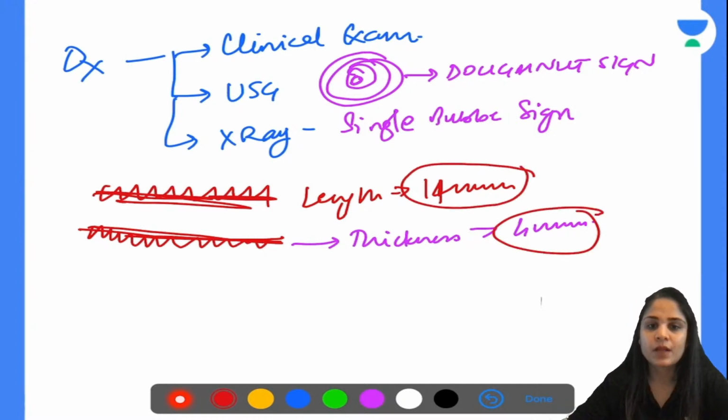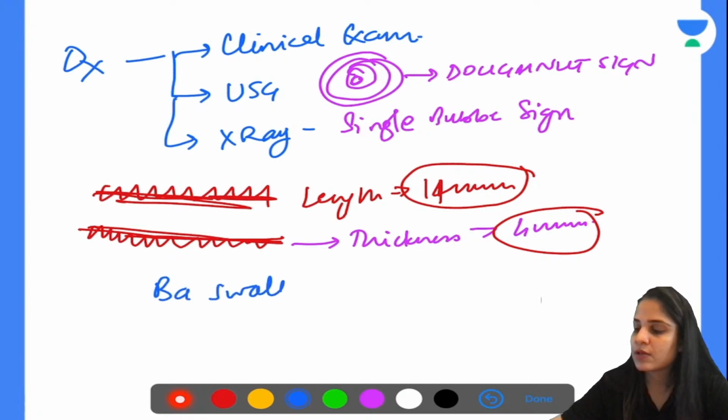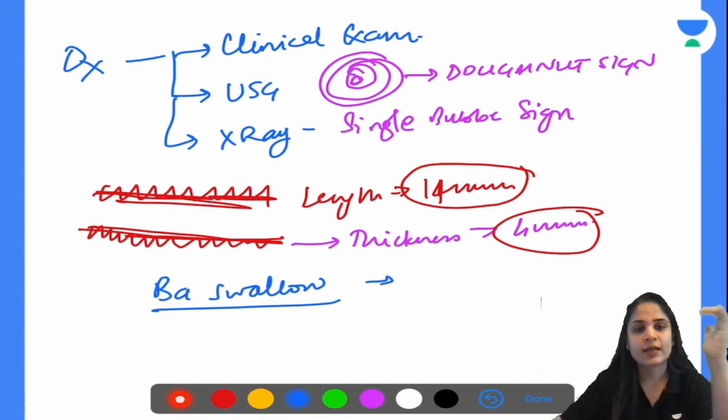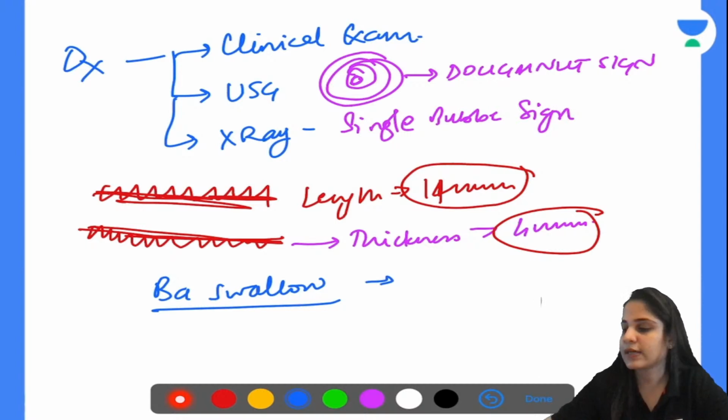All right. Okay. Now, next thing, there is one more radiological modality of finding out CHPSS, and that is barium swallow. Okay. So on barium swallow, what is the name of the sign that you see? Anyone? It is a contrast, correct? So the food will get stuck over there. So it shows a railroad track sign.